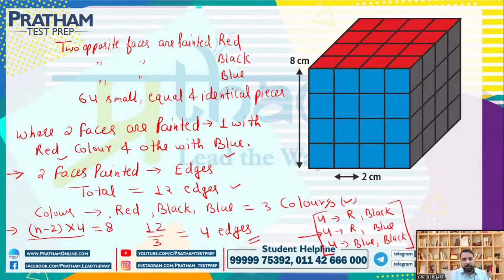मुझे बताओ, is this clear? समझ आया? Yes or no? Total we have 12 edges, 3 colors, symmetric figure. So equal number of edges होंगी, 2 color की. 4 edges will be of red black color, 4 edges will be of red blue color and 4 will be blue black color. इनमें से कोई सा भी पूछ सकता था, आपसे ये भी पूछ सकता था whose 2 faces are painted, one is blue, other is black.